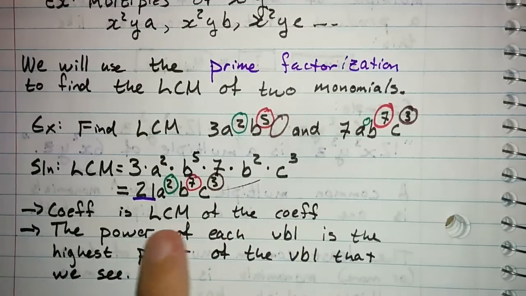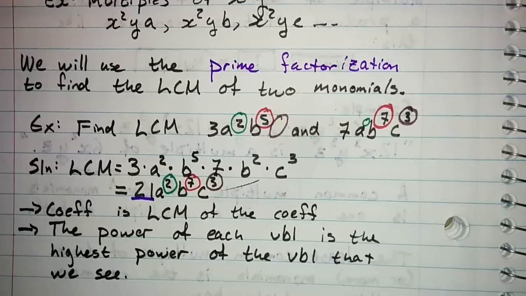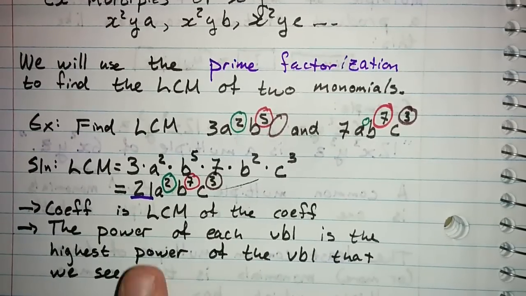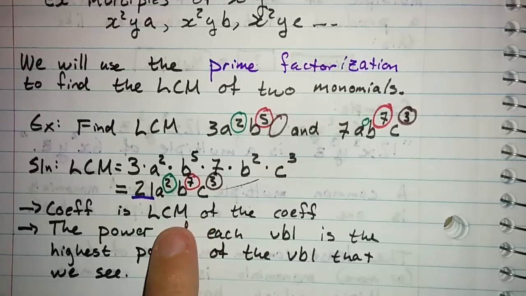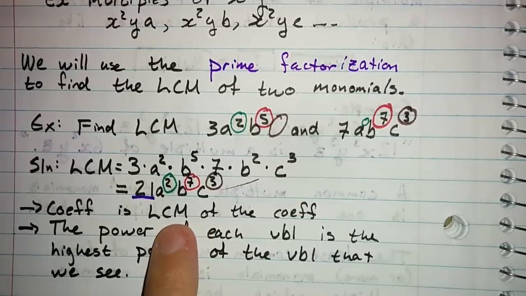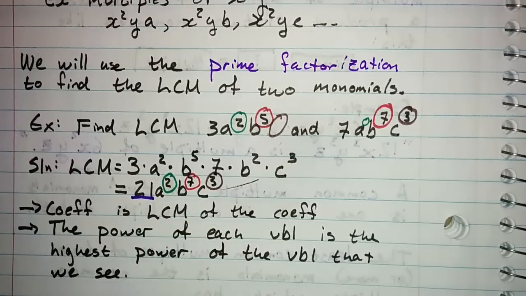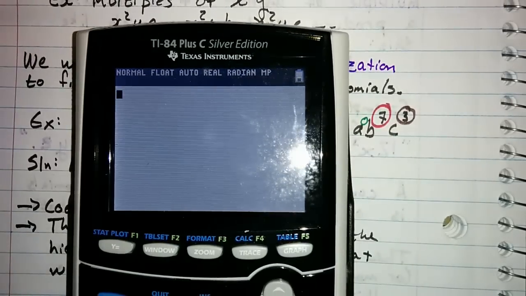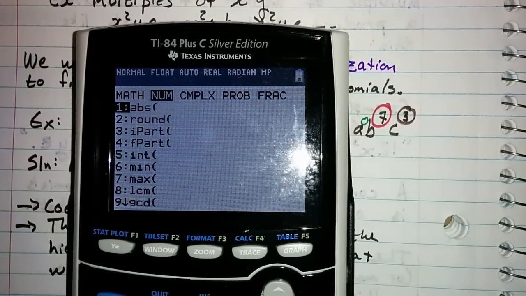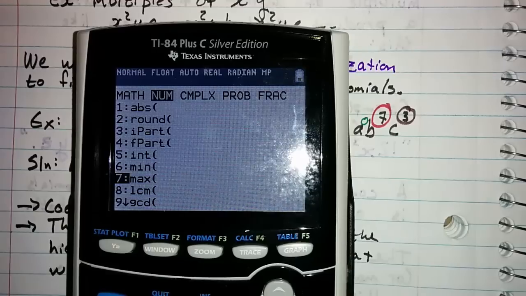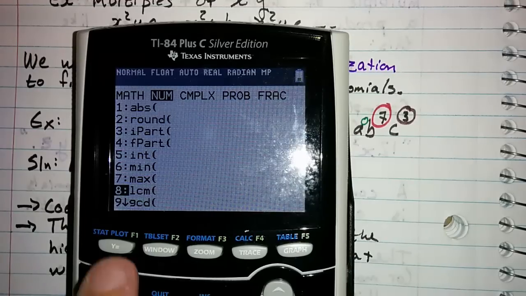As far as the least common multiple of the coefficients goes, if you don't feel like computing it by hand, you can use your calculator. Notice if I bring up the math menu and select num, scroll down to number 8.